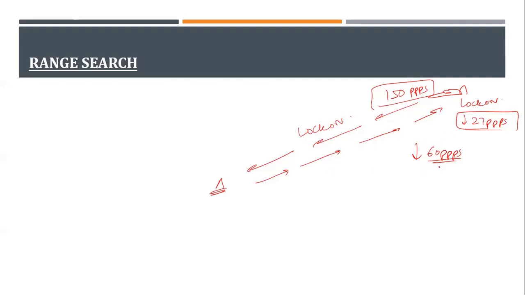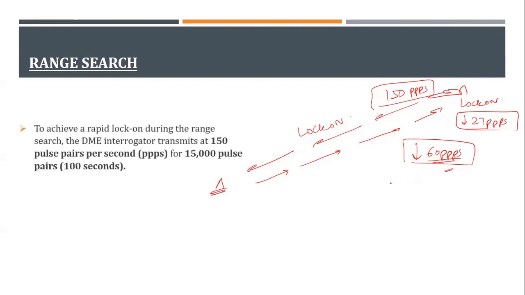And here also, if the lock on is not achieved, the aircraft gets demotivated, and it utilizes less power to get the same lock on, because some way or other, if it's going to happen, it is going to happen for a reason. Like that, you can understand it's going to come to 60 ppps. Very easily you can understand this concept.